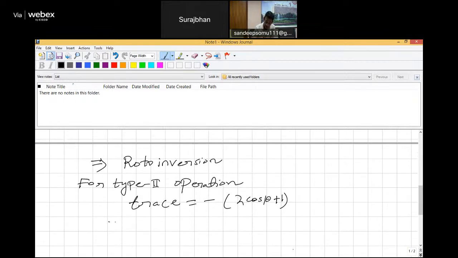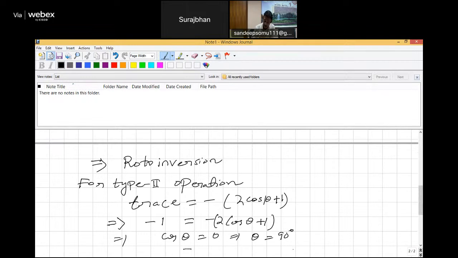So here it is -1. So if we solve this, minus 2 cos theta plus 1, then we will get cos theta is equal to 0 and theta will be 90 degrees.